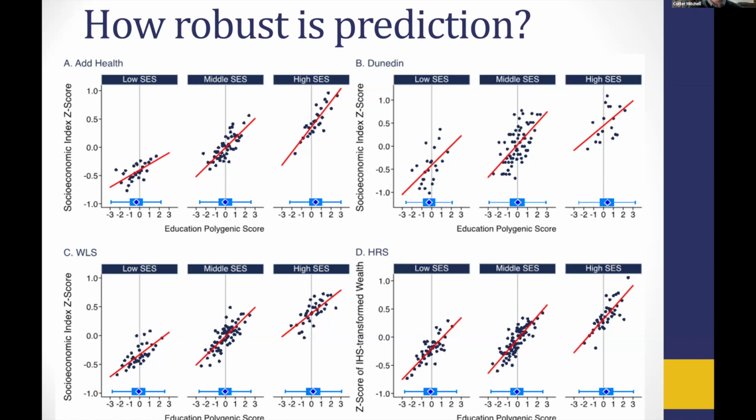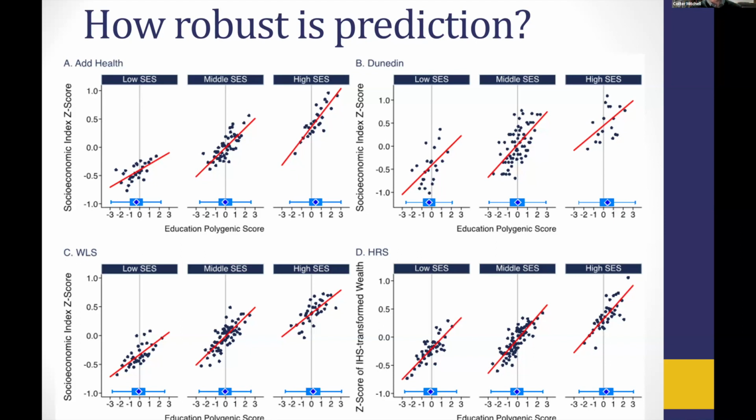So the 4 different studies were the Add Health, Dunedin, which is a New Zealand cohort. If you haven't done it, it's a birth cohort in New Zealand, the Wisconsin Longitudinal Study, and the Health and Retirement Study. And the x-axis in this case is that education polygenic score. Higher score would mean higher educational completion on average.